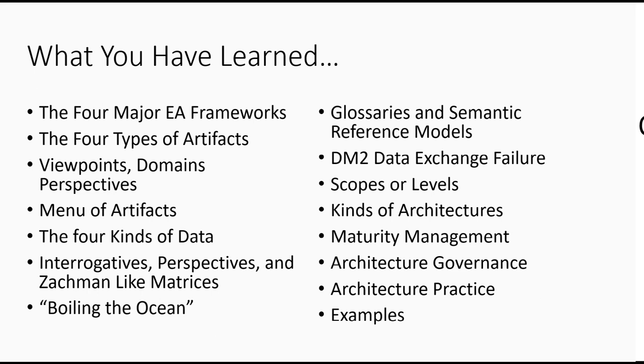You've learned about glossaries and semantic reference models. You've learned about DM2 data exchange, and that never took off. You've learned about the scopes or levels of architecture in FEAF and TOGAF and etc. You've learned about the 7 kinds of architectures. You learned about maturity management, architecture governance, the architecture practice, and you've seen some examples of artifacts.